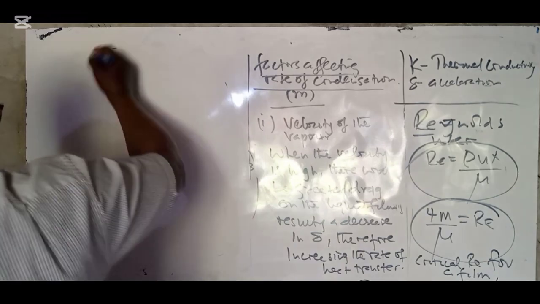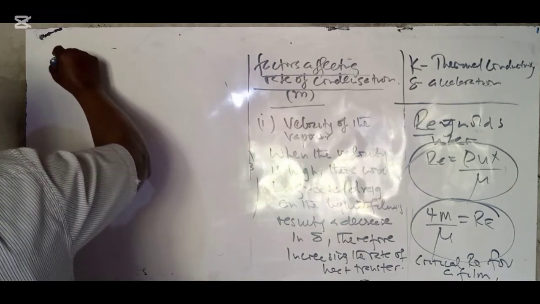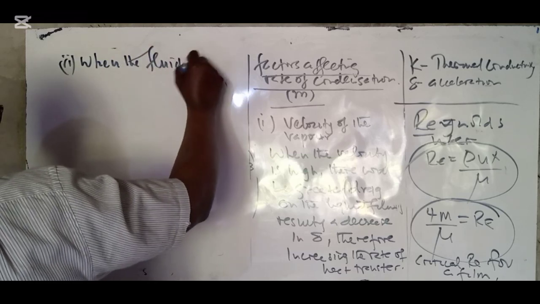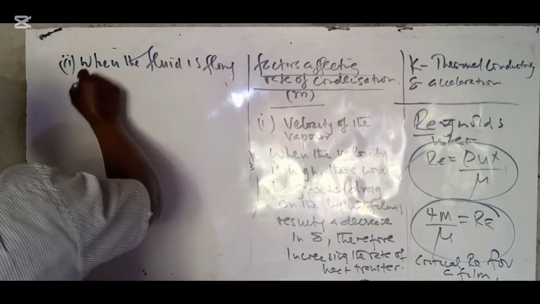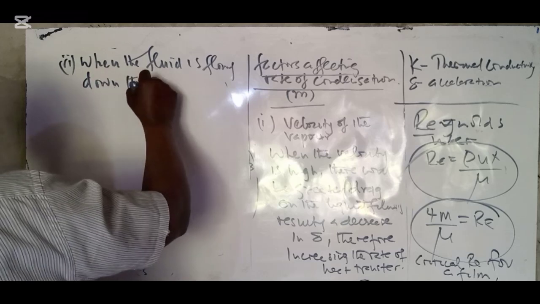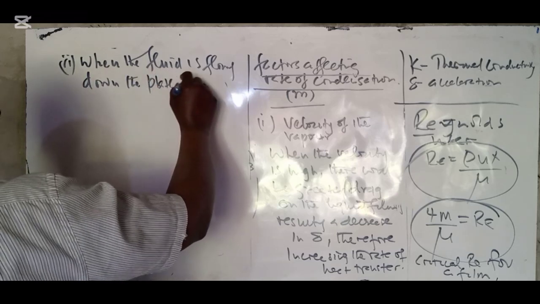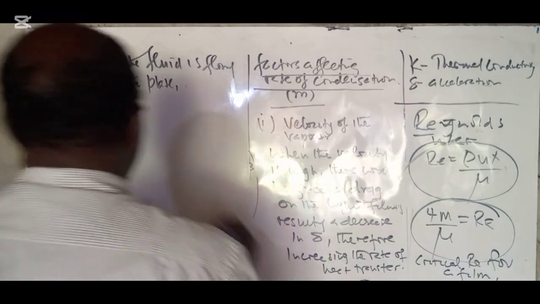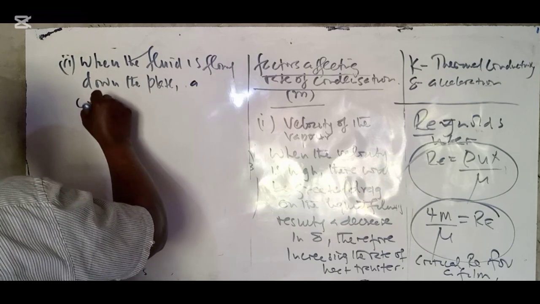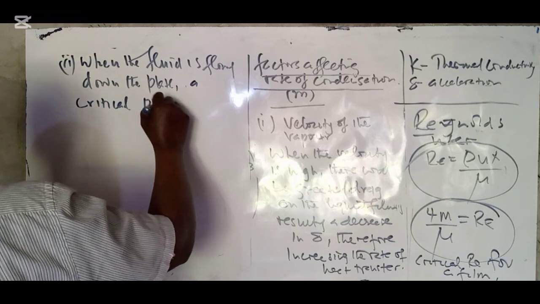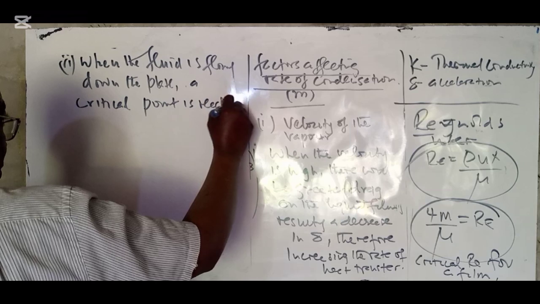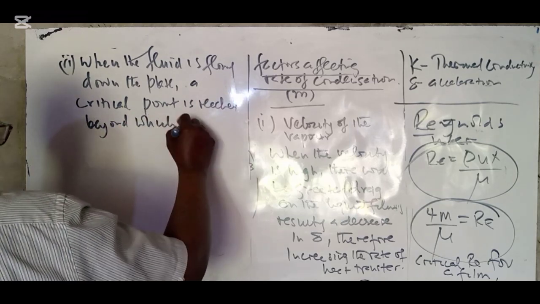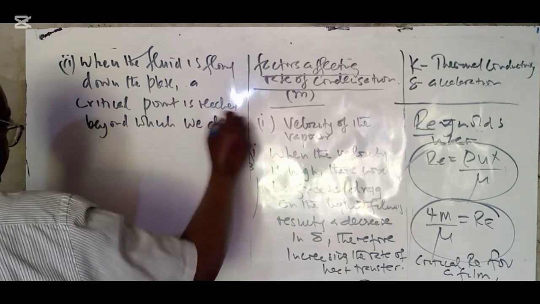We are saying that when the fluid is flowing down the wall, the plate, a critical point is reached, beyond which we develop turbulence in the system.